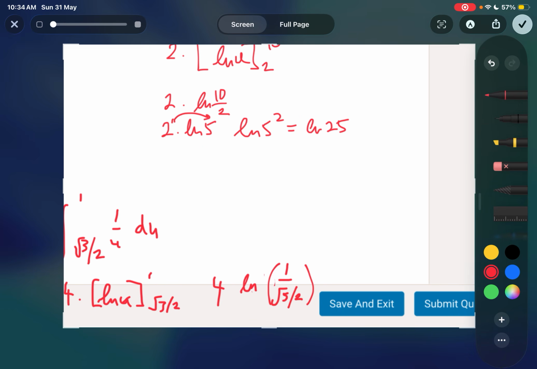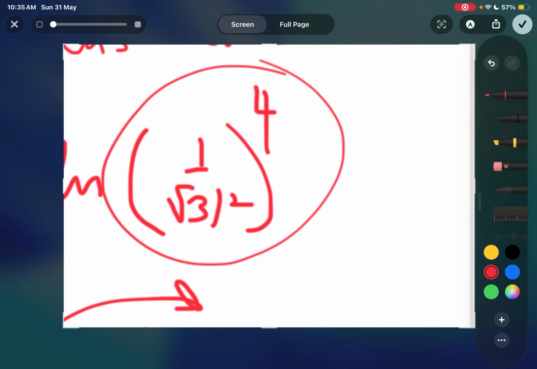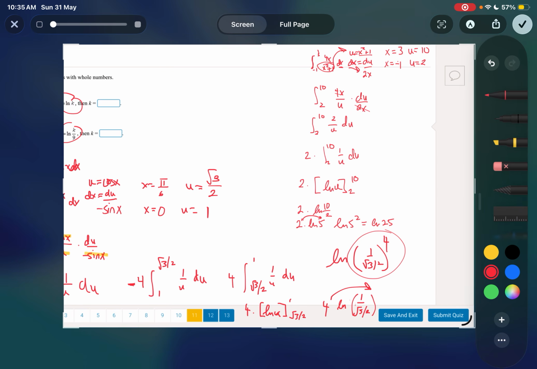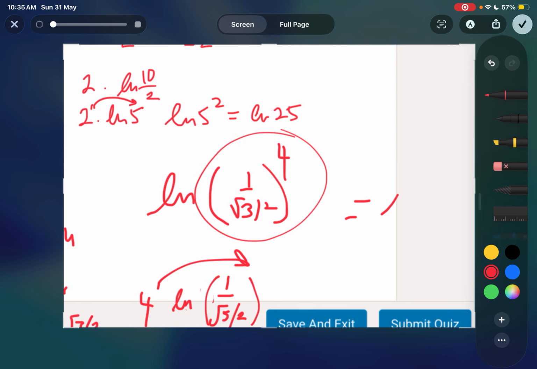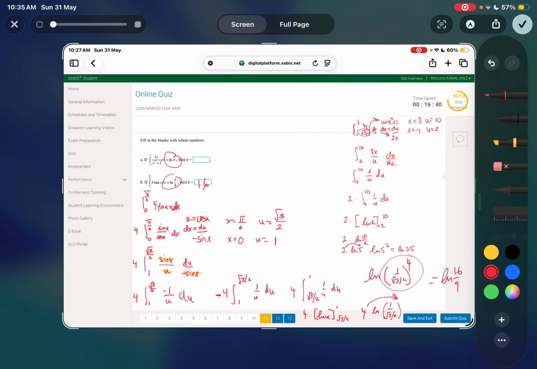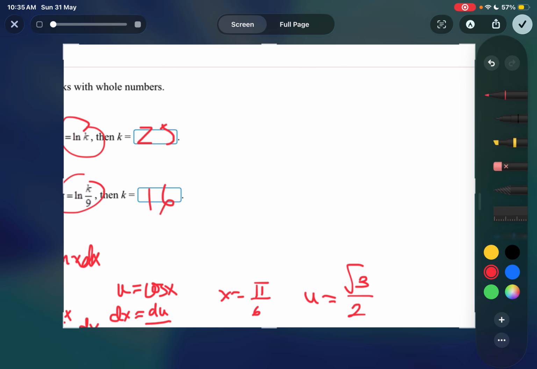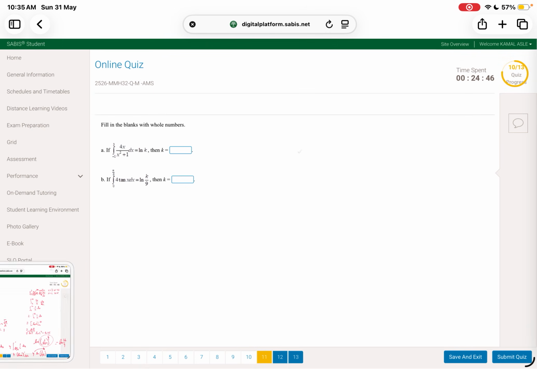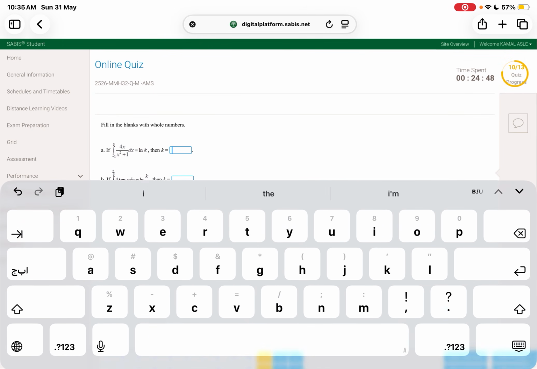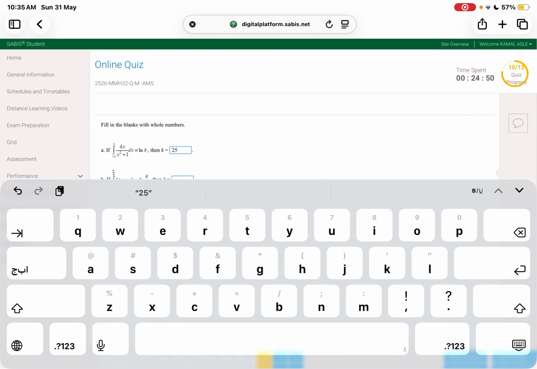So now you just put the 4 here, so it will be now ln of 1 over radical 3 over 2 all to the power of 4. You only put this in the calculator, and then you'll find it as 16 over 9, yeah. So it will be now ln of 16 over 9. You put here 16. So here the answer we found is 25 and 16.